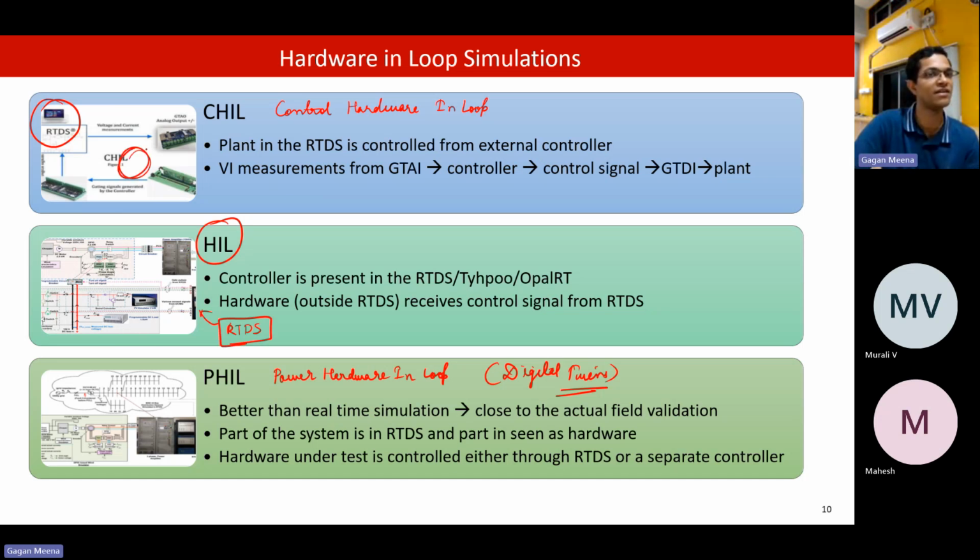In the control hardware in loop, there is no hardware that we want to test sitting outside; the actual system or hardware is not tested here. It's the model only.